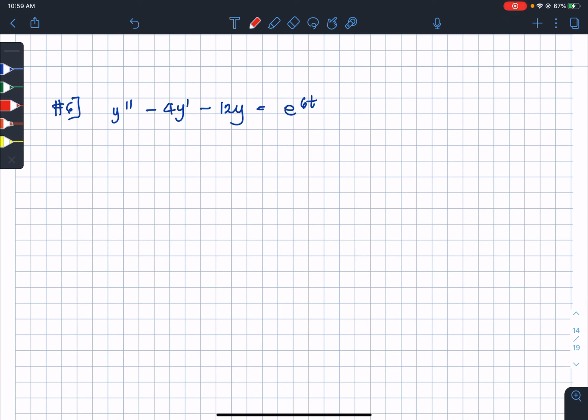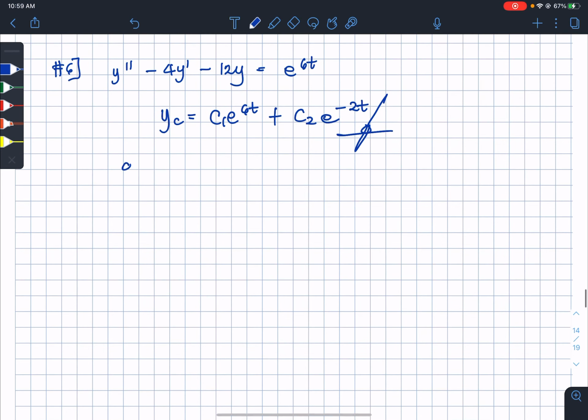Another example. So what if it is case 2? Okay, so we're using the same complementary solution. So yc is c1 e raised to 6t plus c2 e raised to negative 2t. And this is what I've mentioned before. So for case 2, since g of t is e raised to 6t, our yp then will be c1 e raised to 6t.